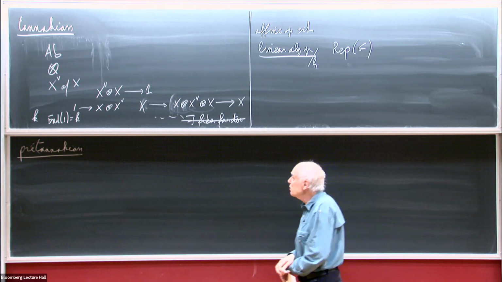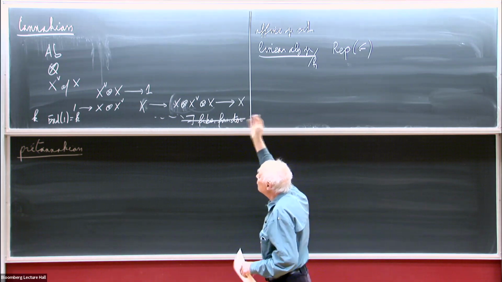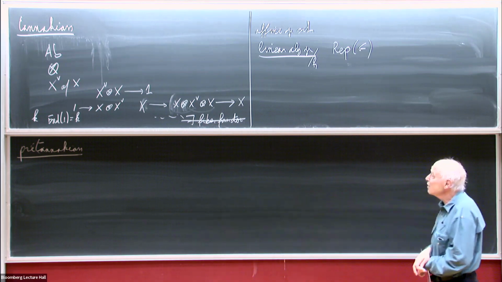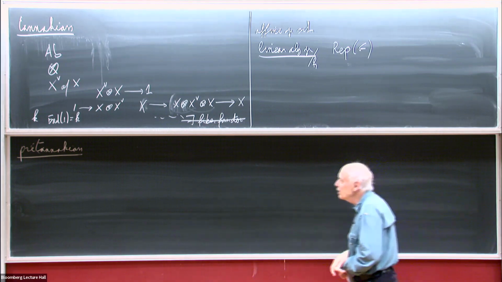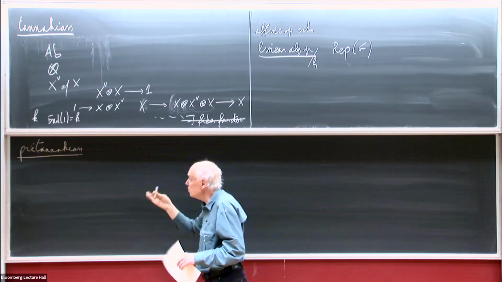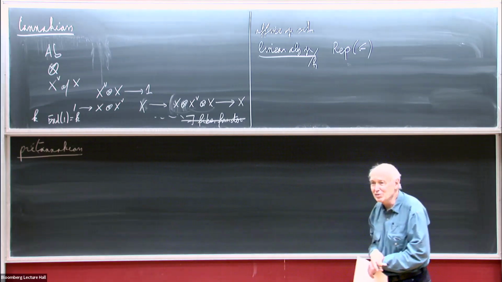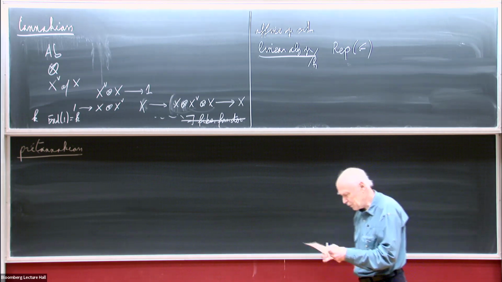And so, in a way, if we view Tannakian categories as being essentially the same as linear algebraic groups, Pretannakian categories are a generalization of linear algebraic groups.